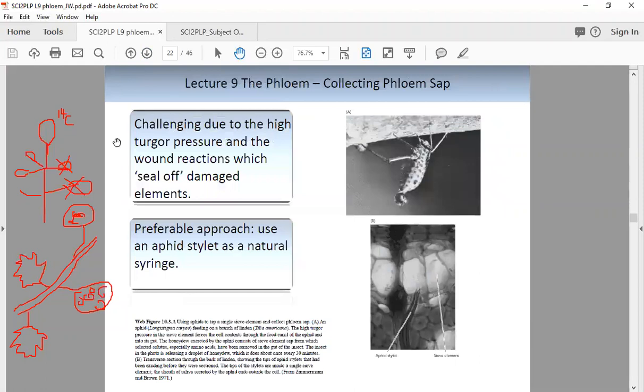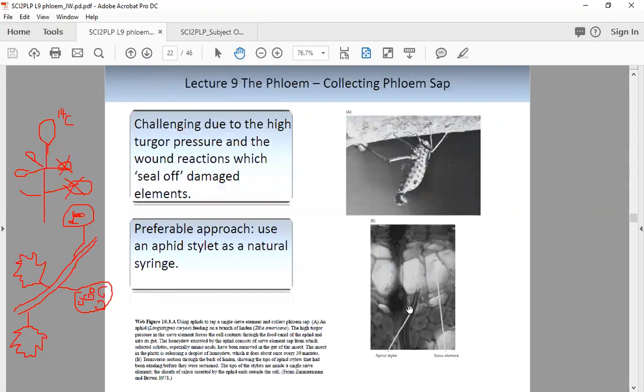So how do they analyse phloem sap? Obviously very challenging to isolate pure phloem sap that hasn't been modified in some way due to the method used to extract it or contaminated with contents from other cells. And you might remember that the most preferable approach is to use a feeding aphid, which inserts its mouth part, its stylet, into the cells and directly into the phloem.